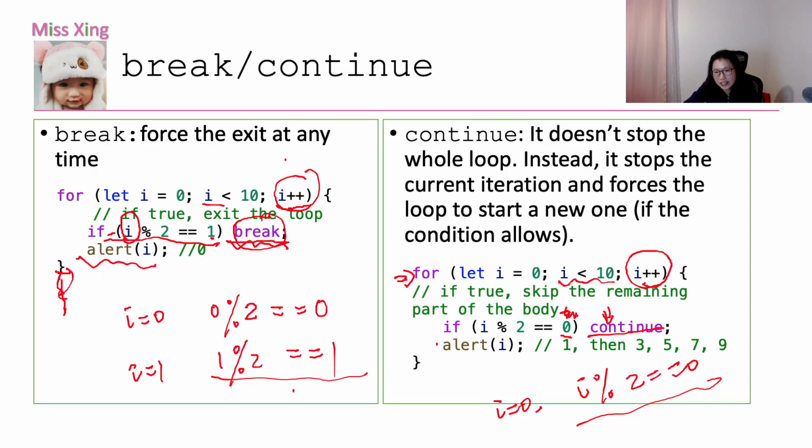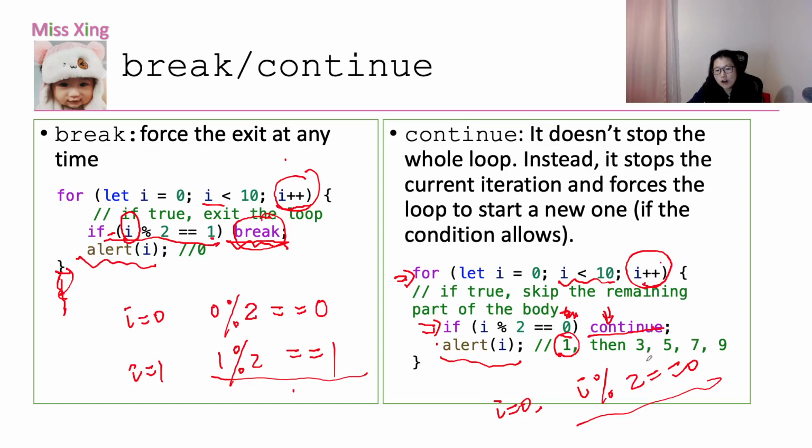Then it will continue checking. 1 is less than 10, so it checks the condition. When 1 gets a remainder of 2, it's not equal to 0, so it won't execute the continue, and it will execute alert i. So you will get 1. After that, the step makes it 2. 2 is less than 10, and 2's remainder of 2 is 0, true.